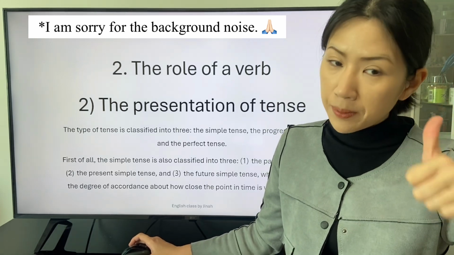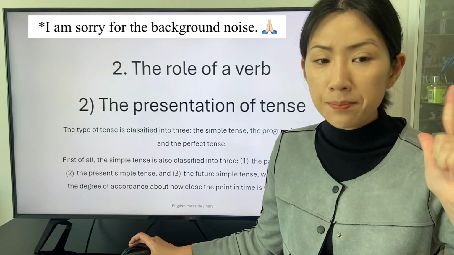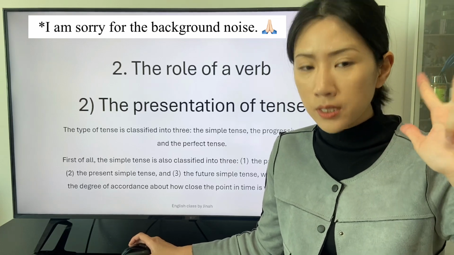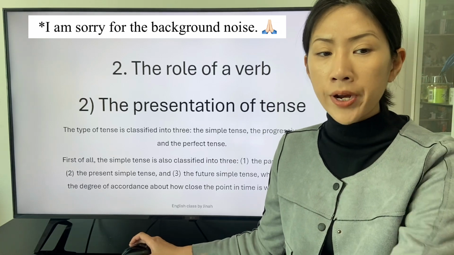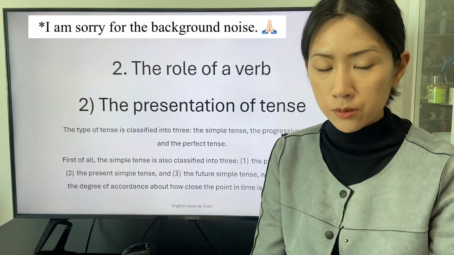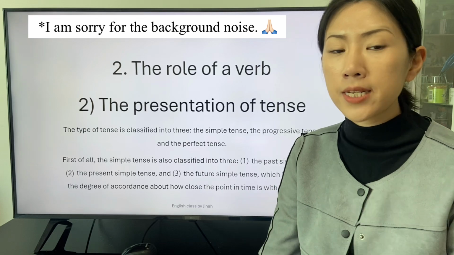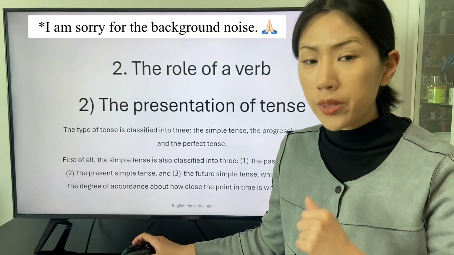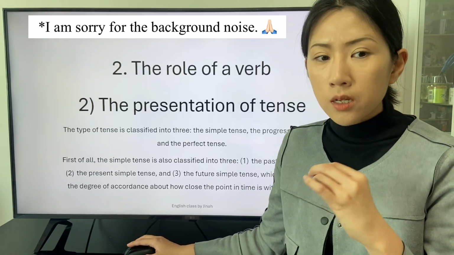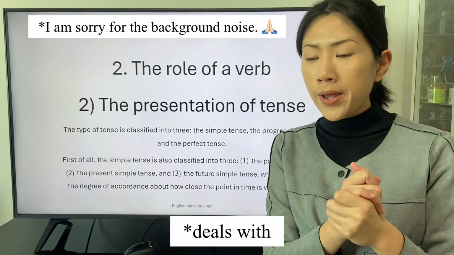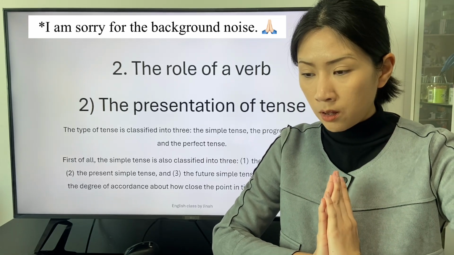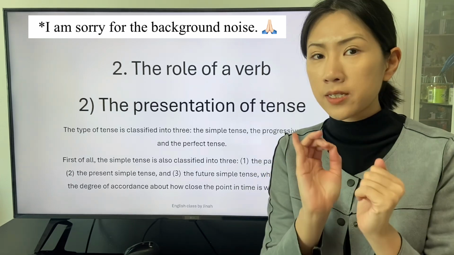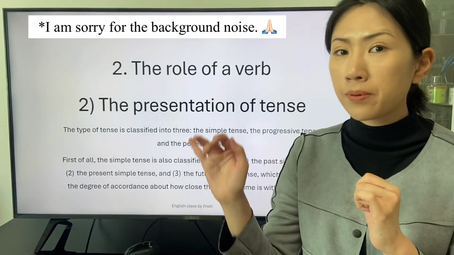First of all, the simple tense is also classified into 3: the past simple tense, the present simple tense, and the future simple tense, which is judged by the degree of accordance about how close the point in time is with the present. The simple tense takes a point in time as an object of comparison with the present.